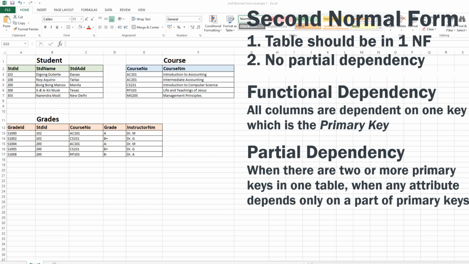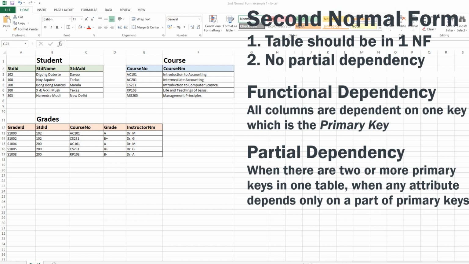Let me explain. For example, if I ask you, can you please get me the grade for student ID 102? You will ask me for which course number, and therefore student ID 102 cannot be a unique identifier for a particular grade. It has to include course number.